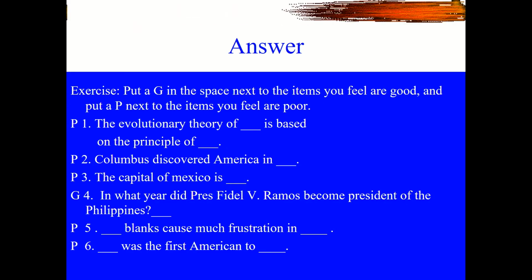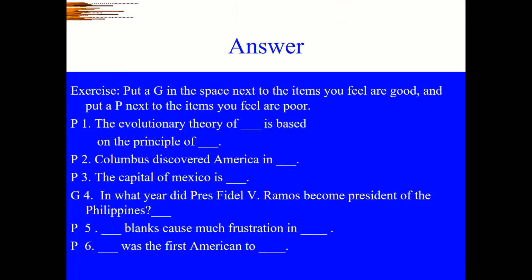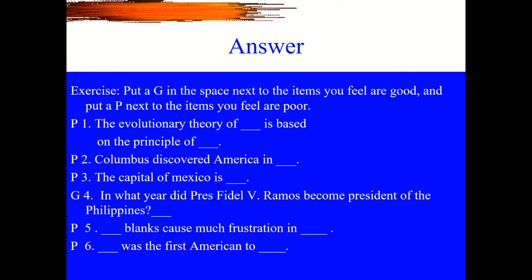Columbus discovered in, let's say, the year, or in the 1500s or 15th century, or it could be the purpose, in search for India. Let's say the capital of Mexico is crowded, so that could also be true, or the capital of Mexico is big.